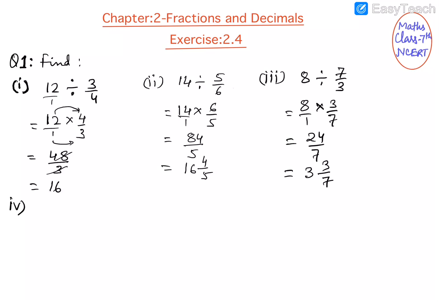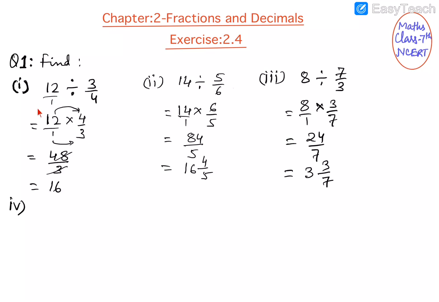Let us proceed. We will write the dividend as it is. Change this division sign into multiplication and then write the reciprocal of 3 by 4, that is 4 by 3.